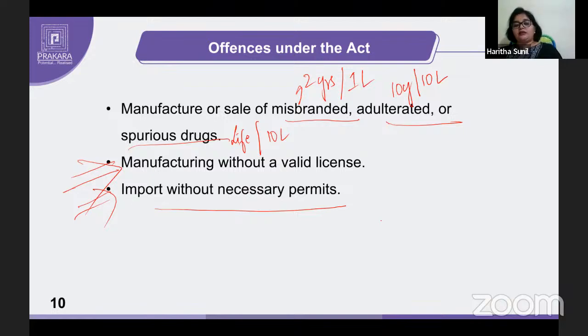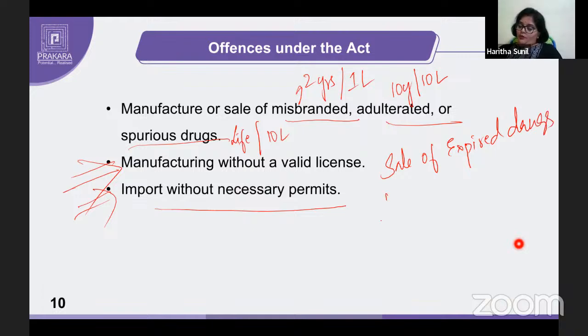And there are certain other offenses also, like sale of expired drugs, non-compliance with the labeling, and non-reporting of ADRs.